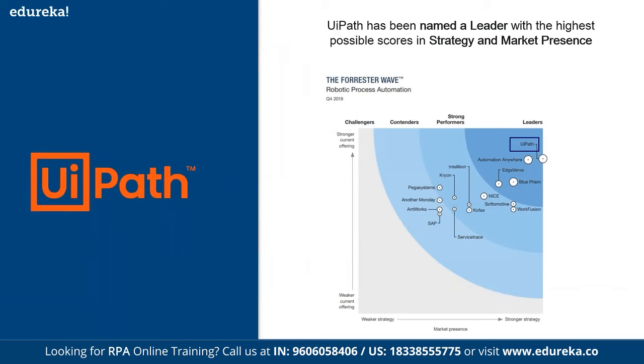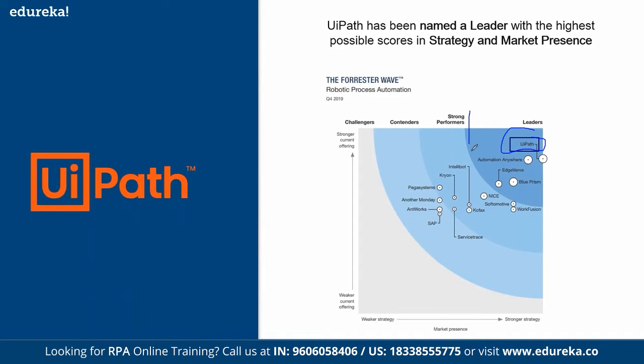As I said, UiPath has been named a leader, with the highest possible score in strategy and market presence. You can see on the x-axis you have market presence, and on the y-axis you have the strategy. In combination, you can see UiPath is currently leading.